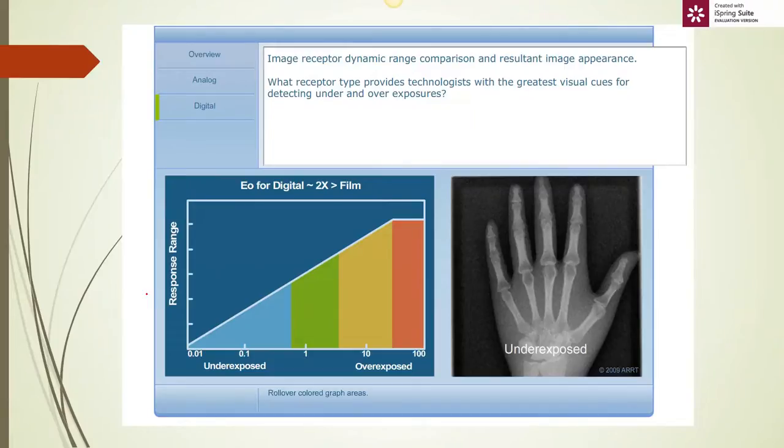Now, owing to the fact that the automatic rescaling is occurring, the lookup tables are working here. When you underexpose something, you can see what the result is. We've got an image here with reasonably decent brightness or density, if you'd like. Clearly you can see that it's a hand X-ray, but it's very, very noisy.